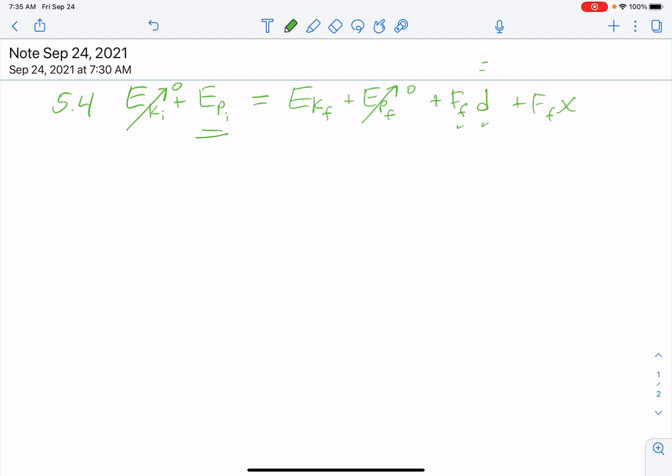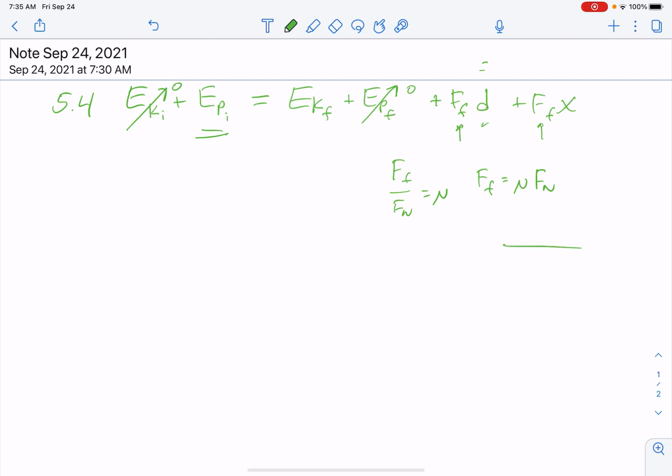Please note that your two frictions would be different. You would probably have a different coefficient of friction on the slope than you would have on the horizontal surface. Please also note that since your force of friction divided by the normal force equals mu, it's very common, especially on horizontal surfaces, to say that your force of friction equals mu times the normal force.